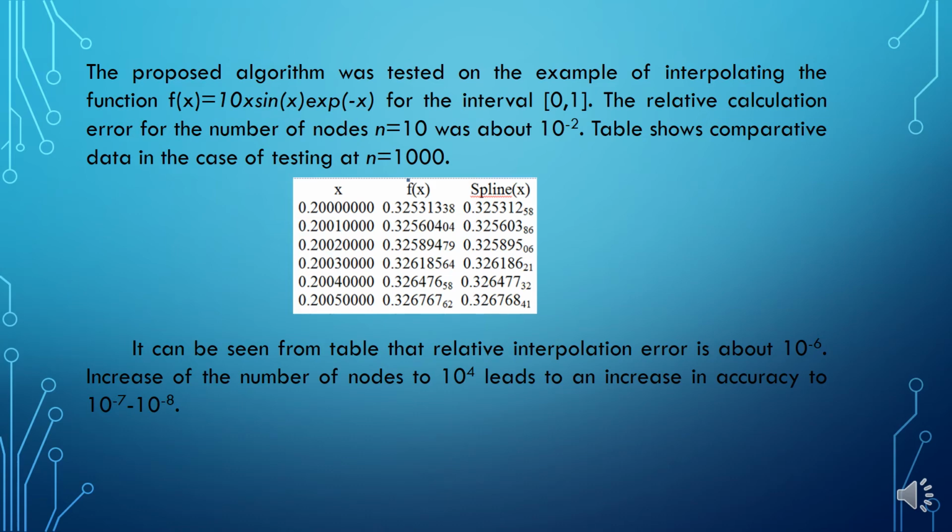The result you can see on the slide. It can be seen from the table that the relative interpolation error is about 10 to the power minus 6. Increase of the number of nodes to 10 to the power 4 leads to an increase in accuracy to 10 to the power minus 7 to 10 to the power minus 8.